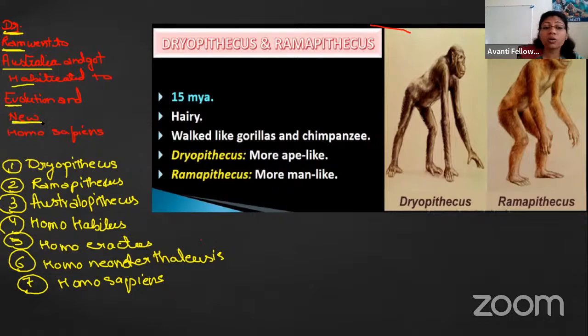Then new for Homo neanderthalensis, and the last one is our Homo sapiens. So the Homo sapiens, that is us, are the current species present in human evolution. Now we are going to look at the first member, that is Dryopithecus.